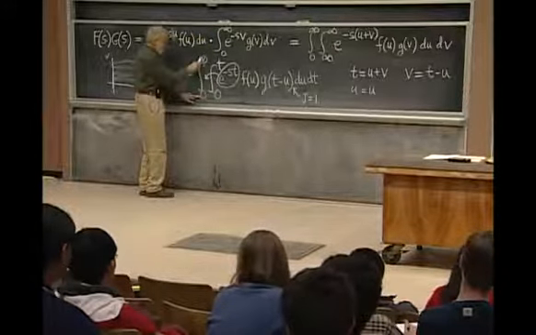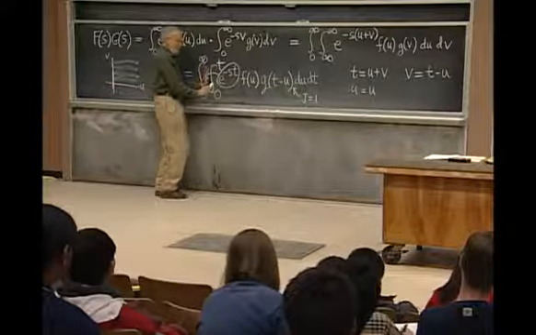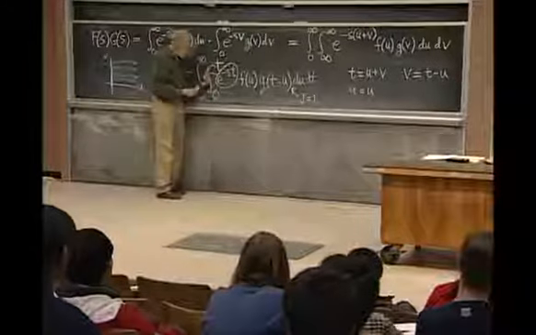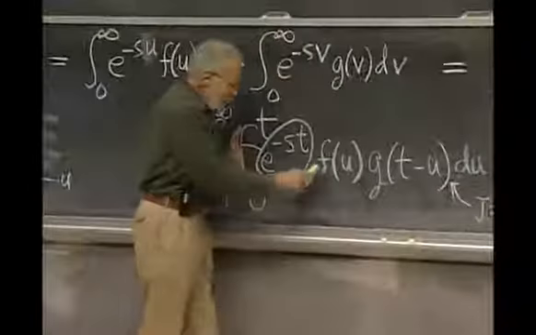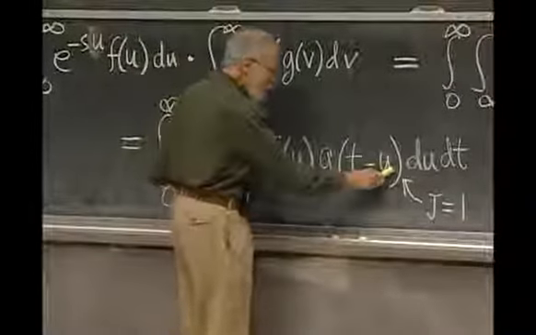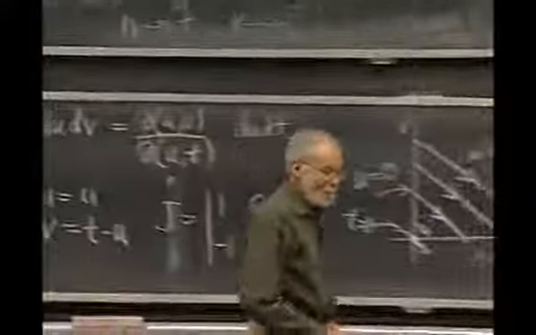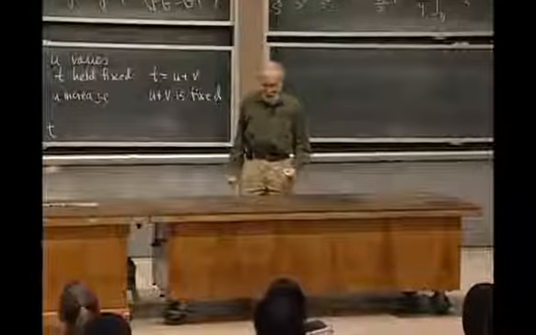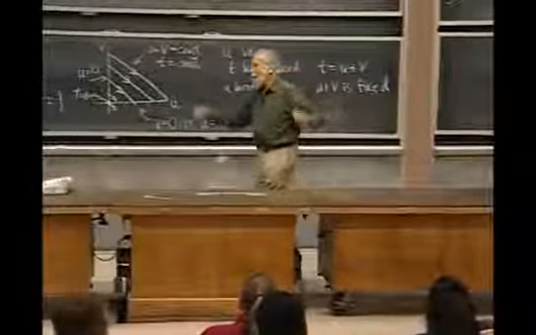The integral from 0 to infinity of e to the negative st times, what's left? A funny expression, but you're on your desert island and found it. This funny expression, integral from 0 to t, f of u, g of t minus u, du. In short, the convolution, exactly the convolution. So all you have to do is get the idea that there might be a formula, sit down, change variables in the double integral, and echo, you got your formula.